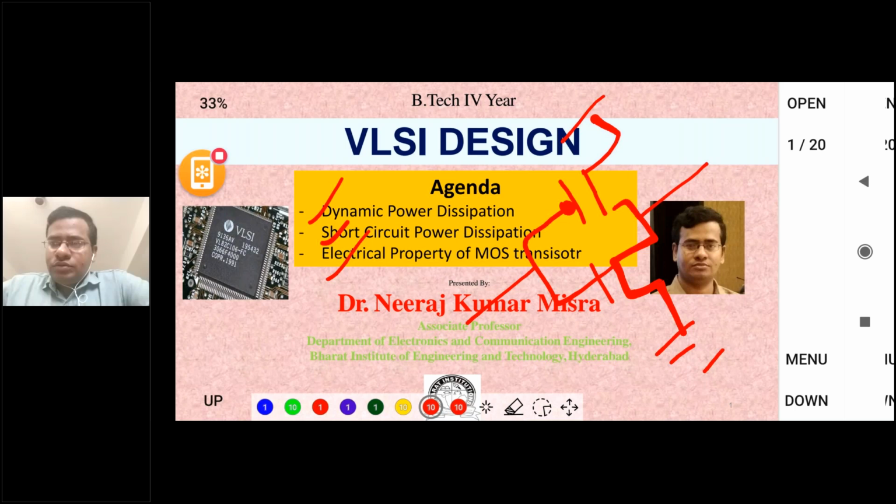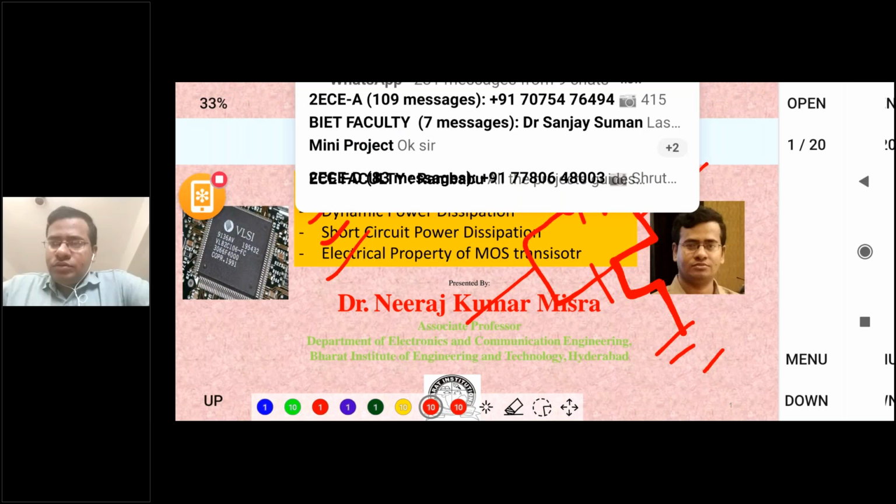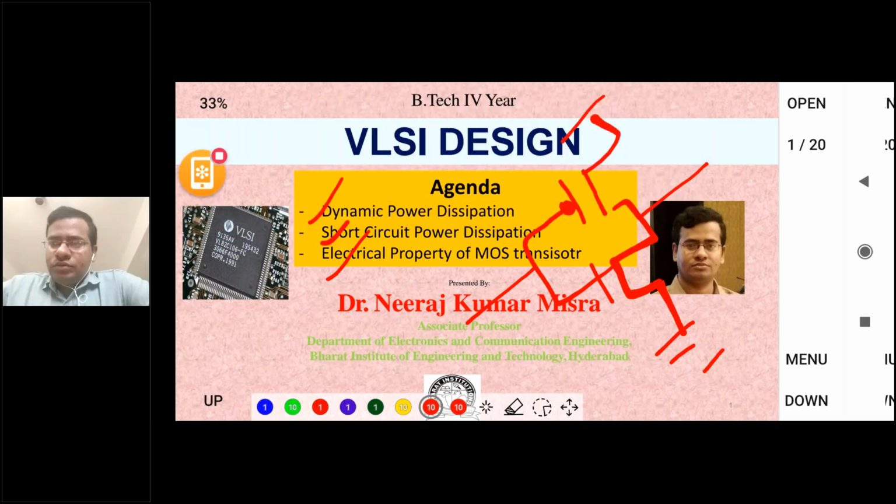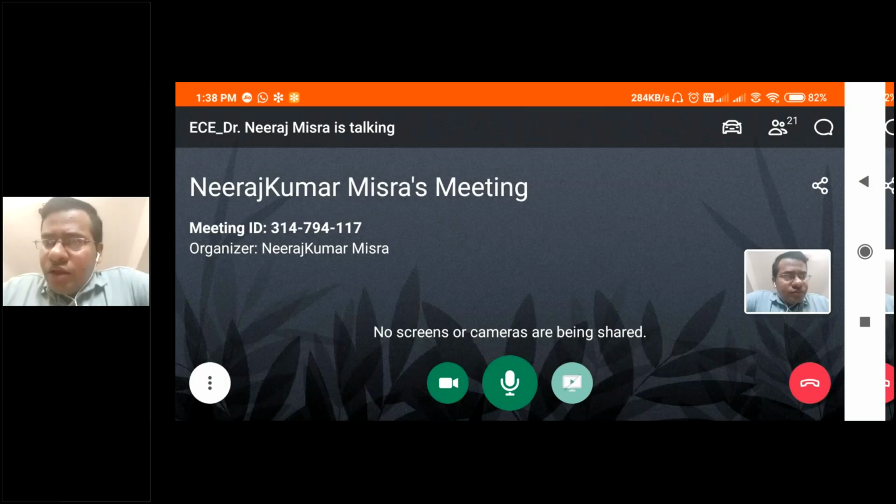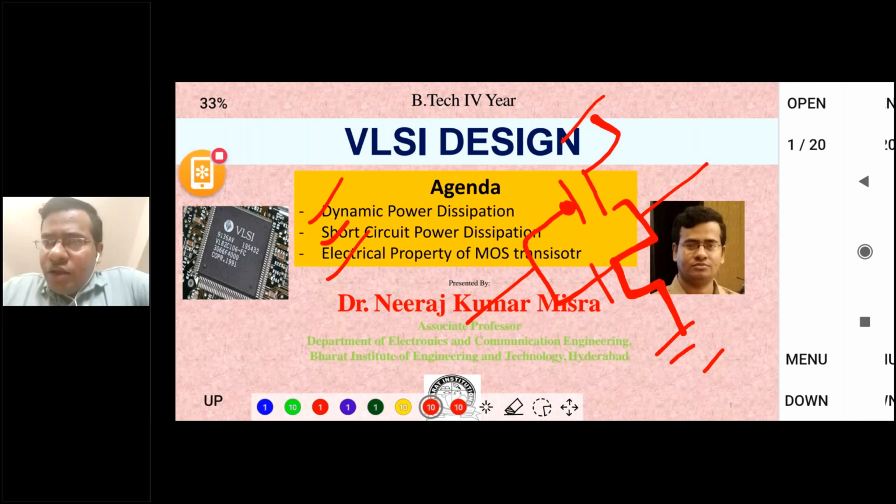But here the power categorization is some more. One is the static power dissipation, another is the dynamic power dissipation, another is the short circuit power dissipation. So this is the category of the power dissipation. If we talk about the total power dissipation in this circuit, then you have to add all of them: dynamic power dissipation plus short circuit power dissipation plus static power dissipation.